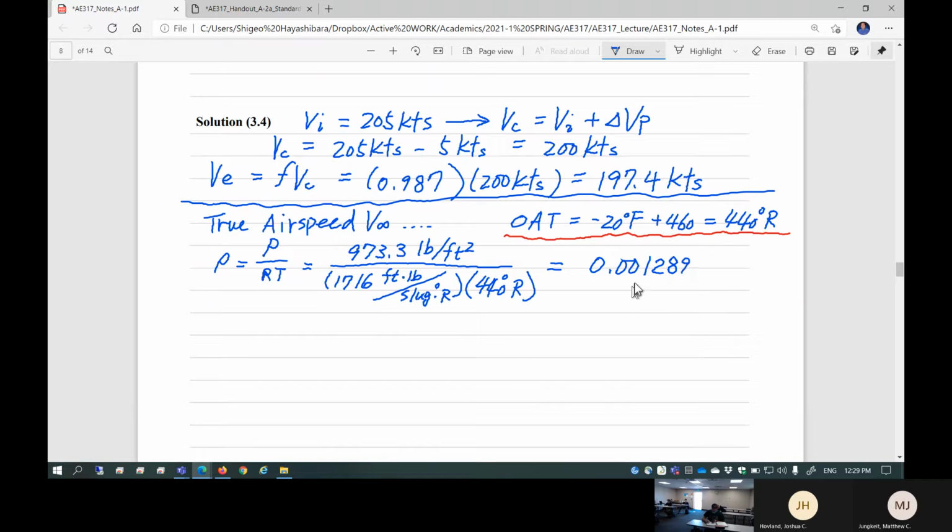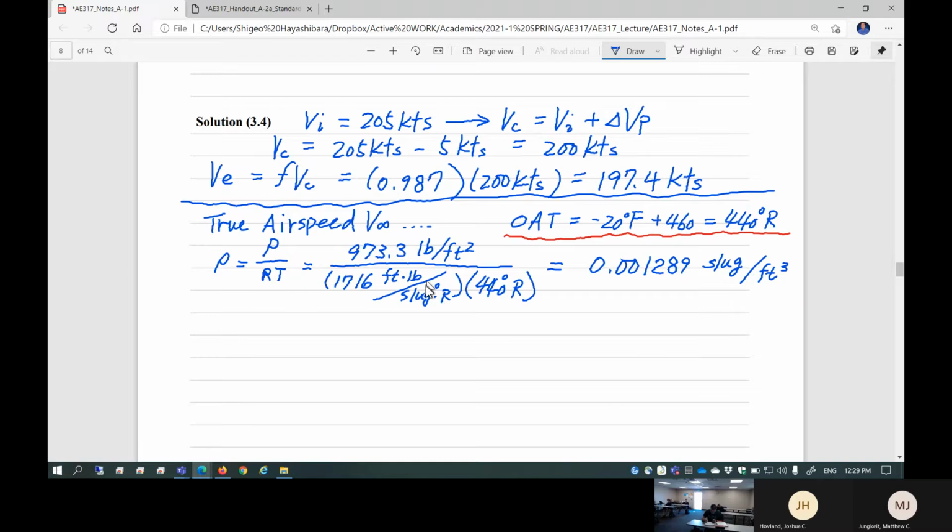Any confirmation here? 0.00, about 13, 1289. Confirm. Okay, good. Unit is slug per cubic foot. Again, I'm going to stick as much as I can to standard units, except knots, nautical miles per hour. That's a terrible non-standard unit, but people use it.